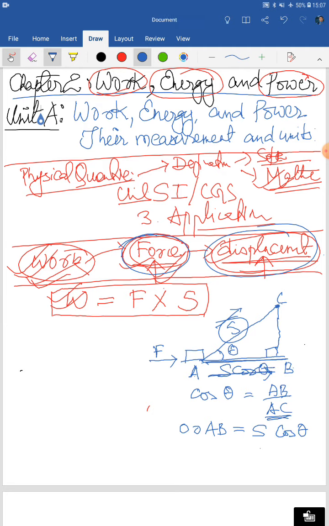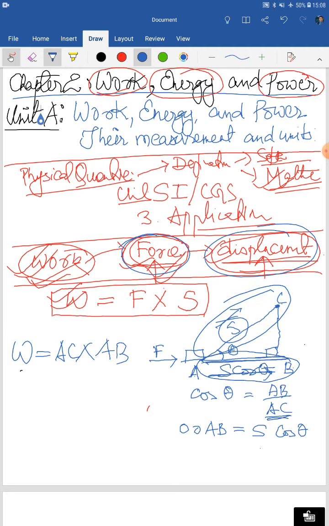So here I get AB is S cos of theta. So the amount of work here is the product of the component of displacement and force. There is a little error here. It's not like this.